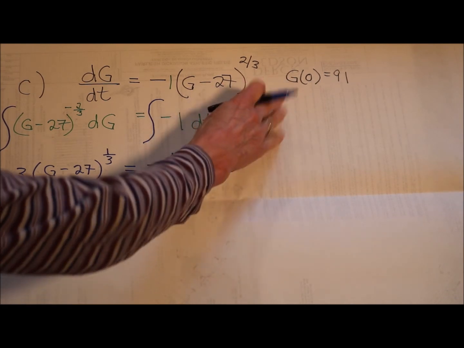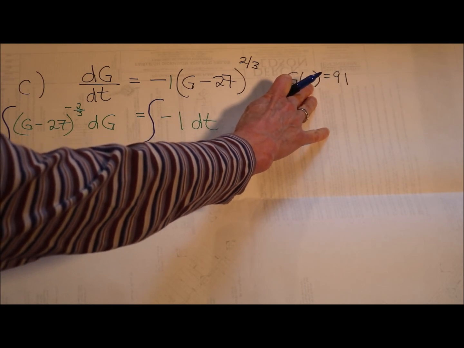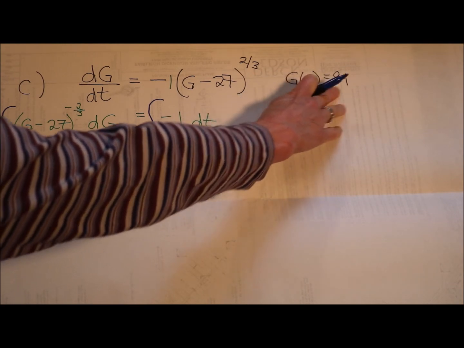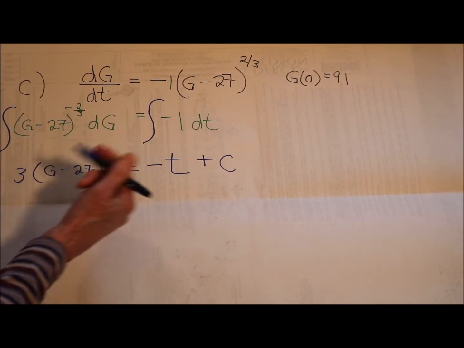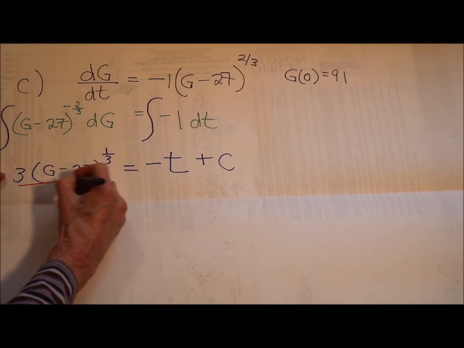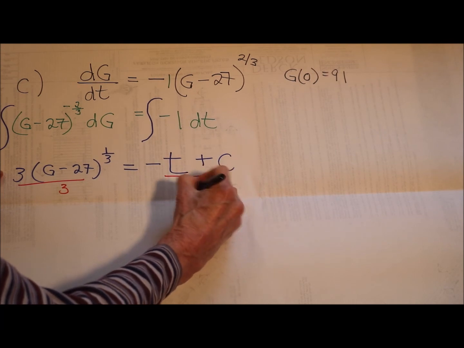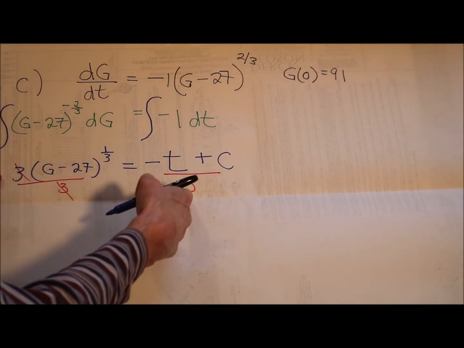All right, now some people like to plug in the x and the y, or the t and the g at this point to solve for c. I don't. I like doing the algebra and isolating g first. It doesn't really matter. There are reasons to do it different ways. Okay, so I just divided by 3.